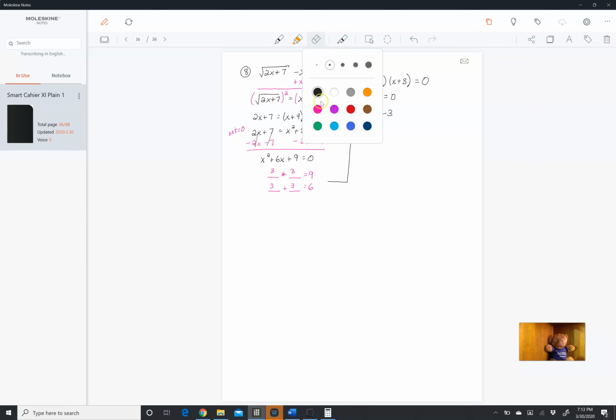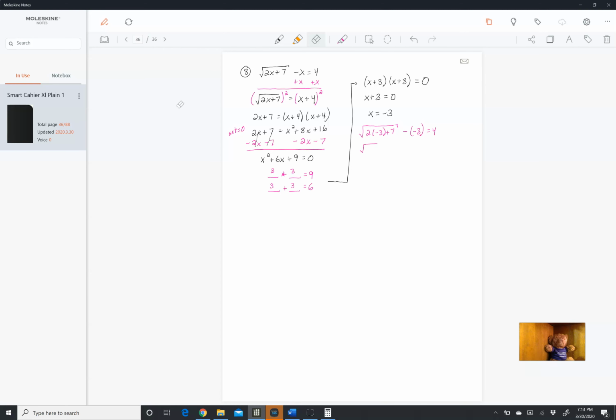And we do have to check and make sure it's not extraneous. So we have square root of 2 times -3 plus 7. Be careful in this next step. It's minus -3 is equal to 4.